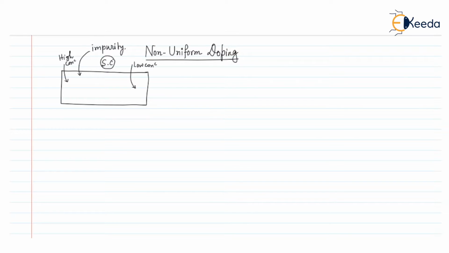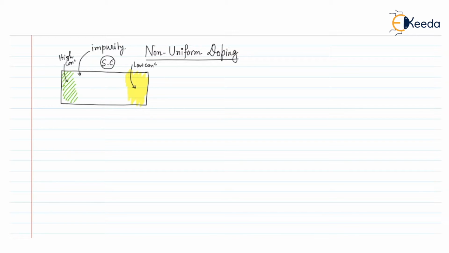So this is the region where the doping concentration of the impurity is very high, and in this region the doping concentration is very low.